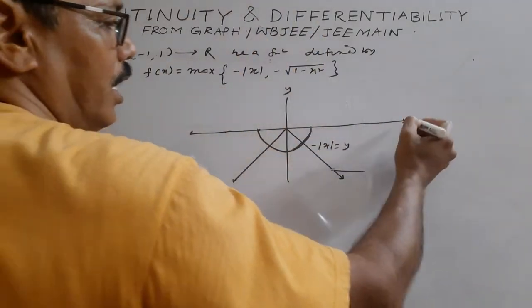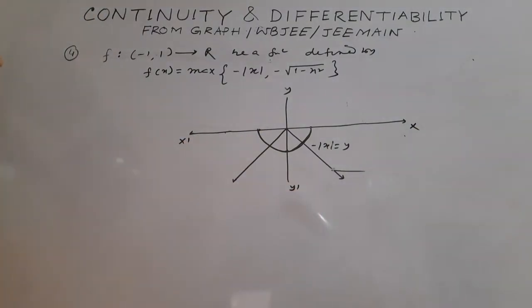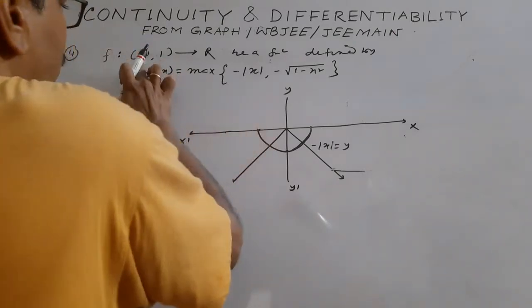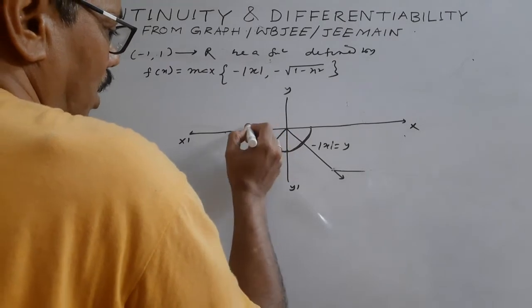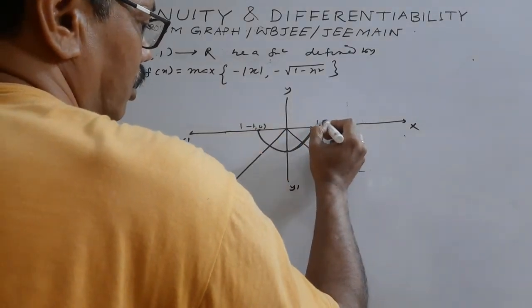So this is y, this is x, this is x dashed, y dashed. And you have to take the domain from minus 1 to plus 1. So this is minus 1, 0, and this is 1, 0.